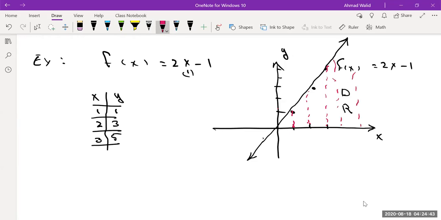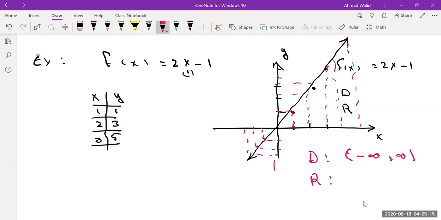For every single point on the graph, the values of x are going this way, and also on this side. For every single point on the graph, you have a value of x. Then the domain of this function is from negative infinity to where? To positive infinity. And the range, again, for every single value of x, you have a value of y.